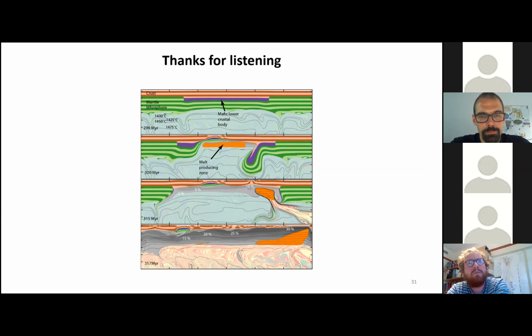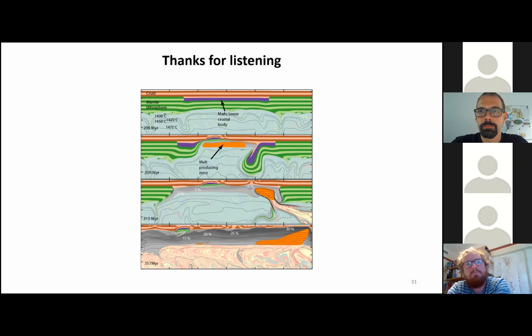But we are looking here at kind of end members, so it depends on what weight, what negative buoyancy this dense lower crust would have. If it was thinner and the lithosphere stronger, it might as well be more stable till more severe rifting happens.